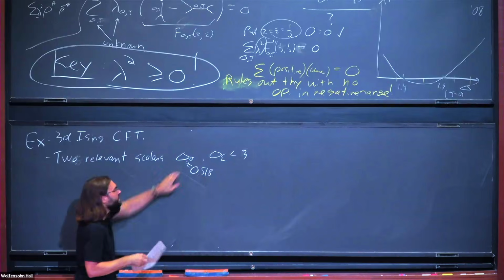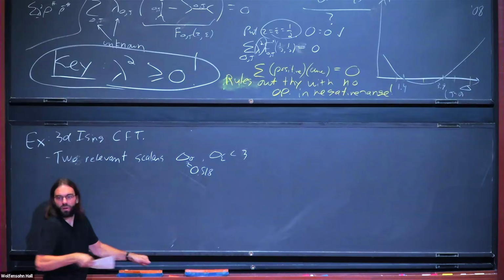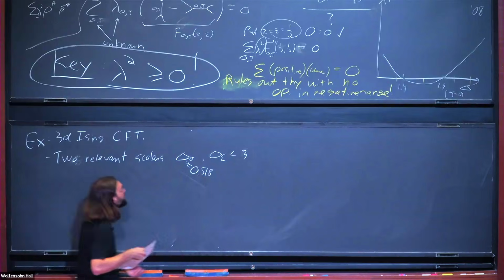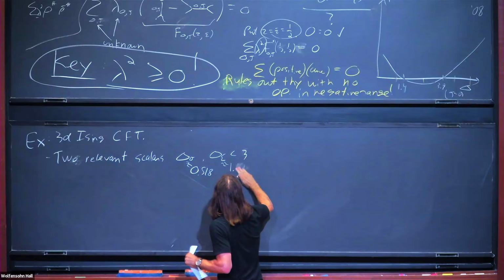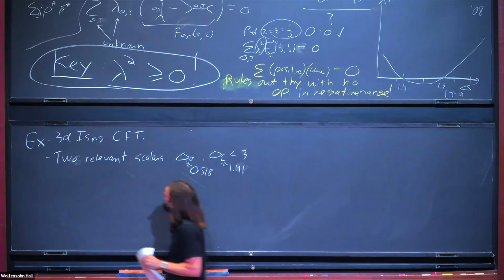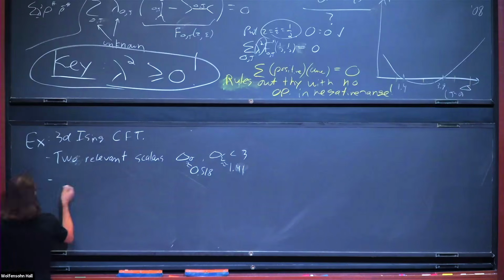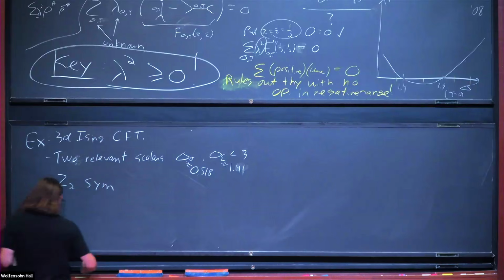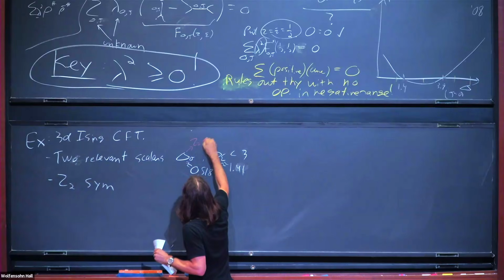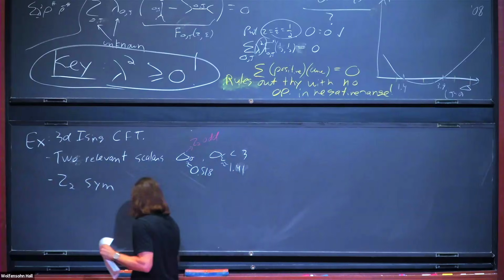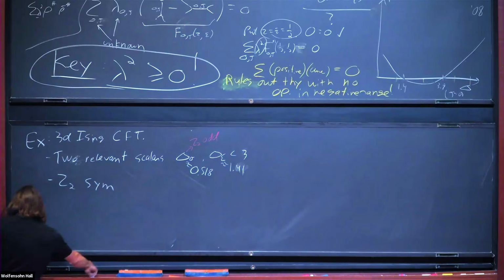Remember that delta is the exponent in the power law correlation. And this one is close to 1.41. We're also going to put in that the theory has a Z2 symmetry, under which sigma is Z2 odd. And well, that's it.